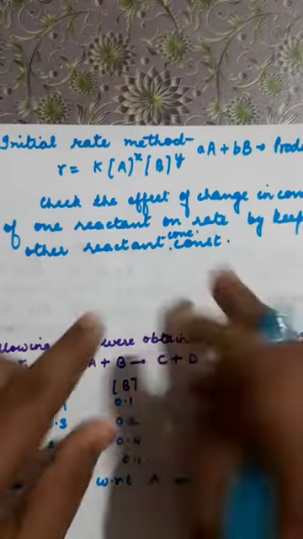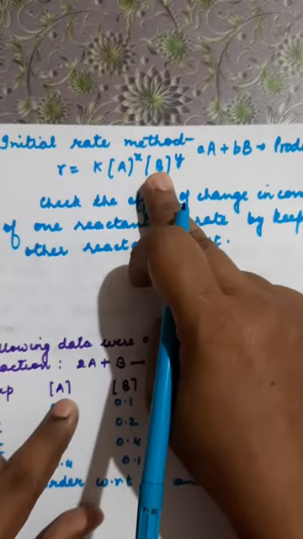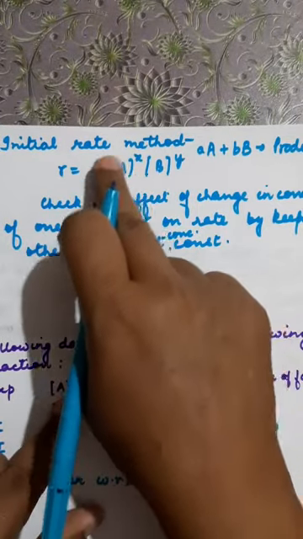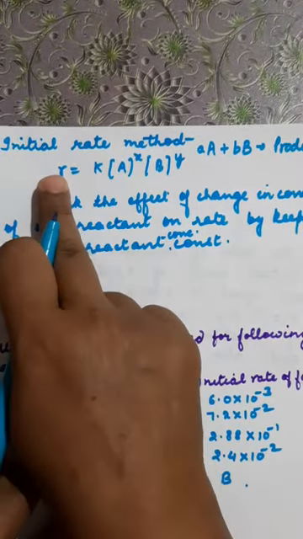Constant means we will keep the concentration of B constant. We will check the effect of changing the concentration of A on the rate of reaction.